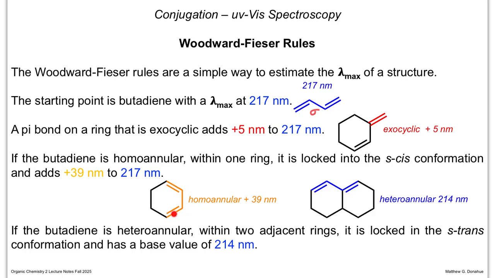So you see there that now it's constrained into a ring. That peps it up quite a bit, +39. And then this other example, heteroannular, the starting point is 214. So rather than starting at 217, we start at 214. That just means that the alkenes exist in different rings rather than just one ring.